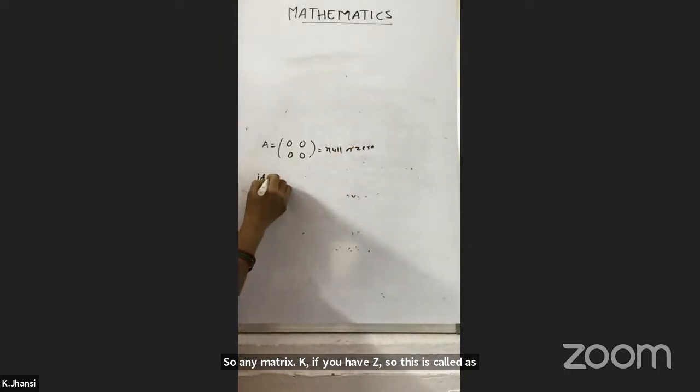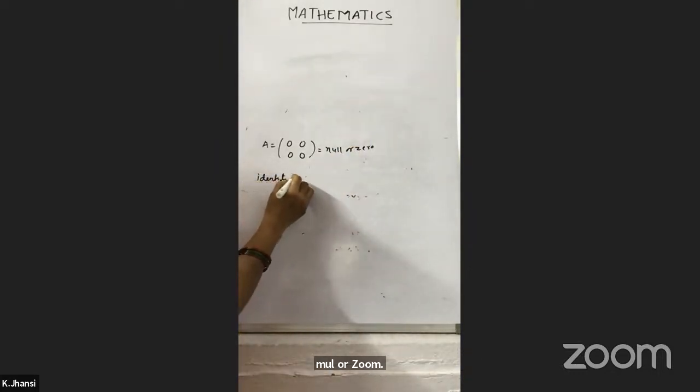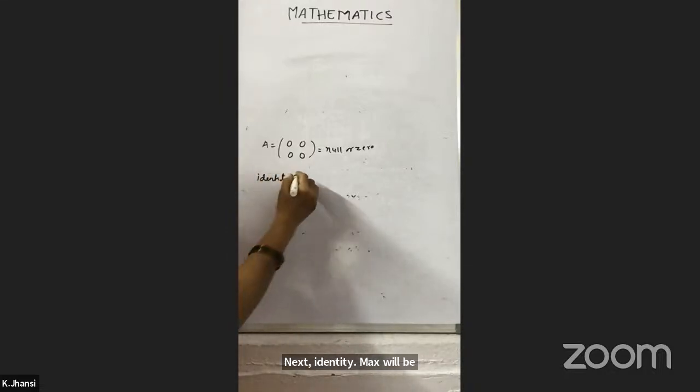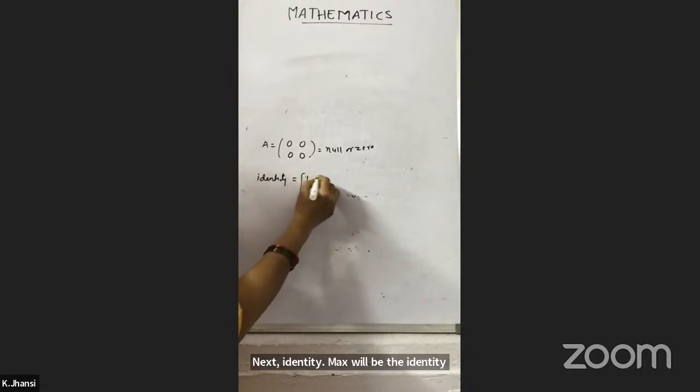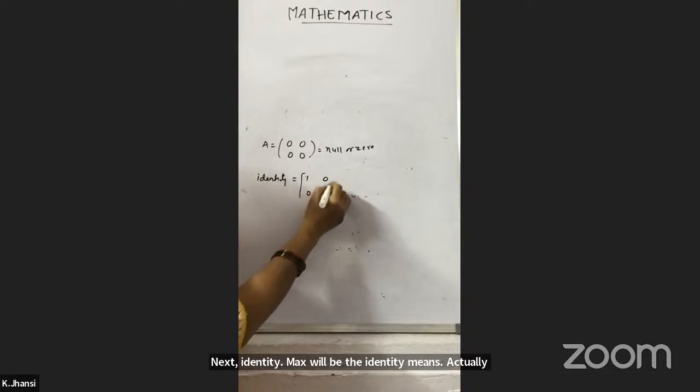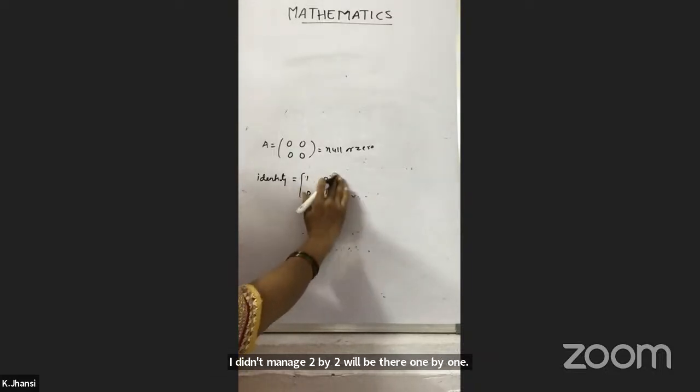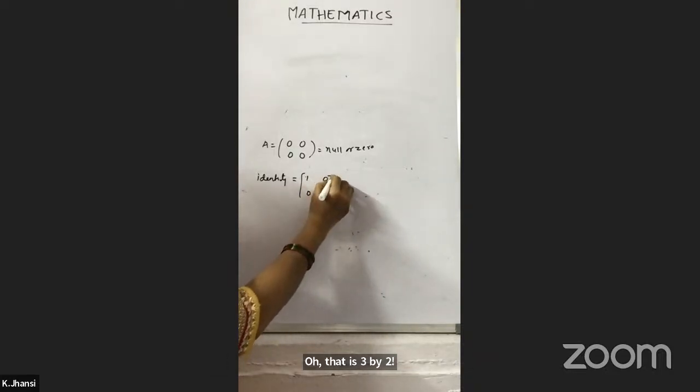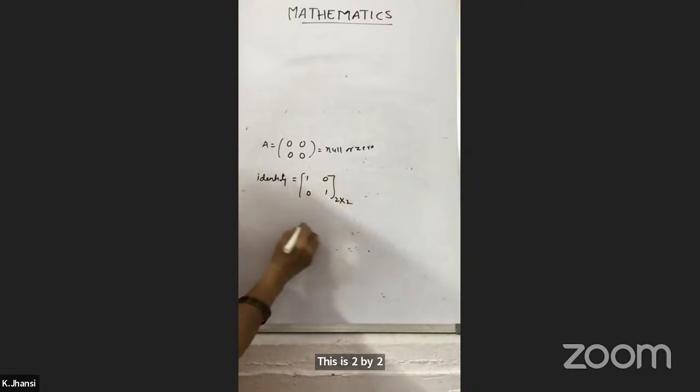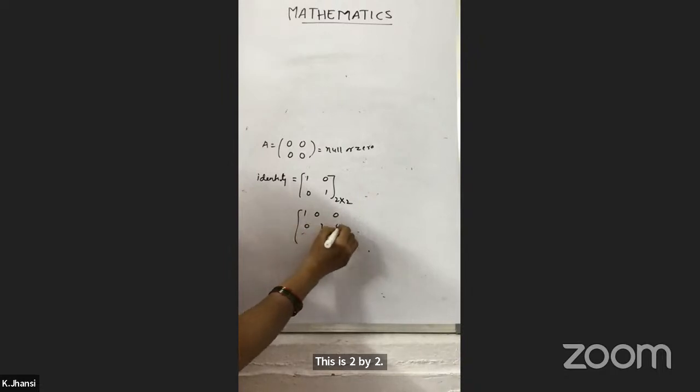Next, the identity matrix will be there. Identity matrix 2 by 2 will be there, and that is 3 by 3. This is 2 by 2. If it is 3 by 3, it means 1, 0, 0, 0, 1, 0, 0, 0, 1.